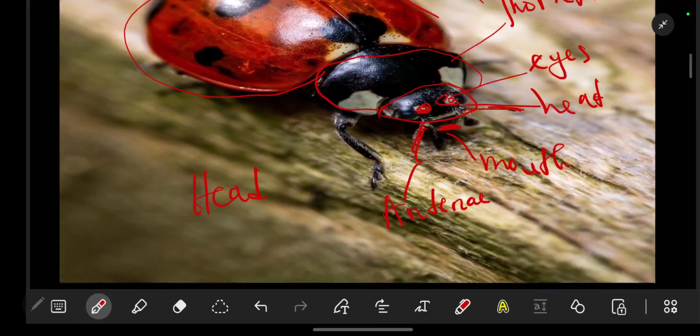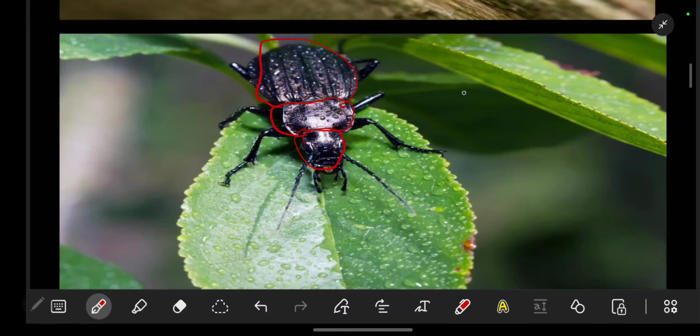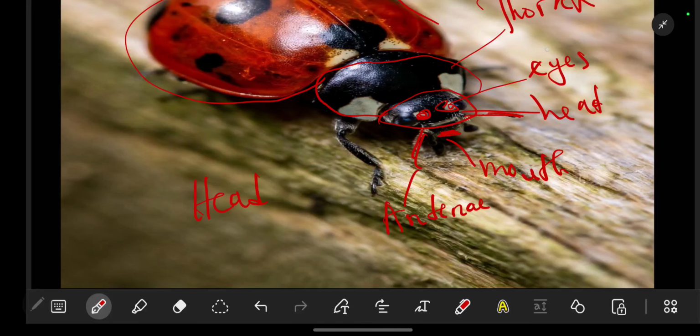Now when we look at the mouth, the structures are different. For example, their mouth parts are modified for, number 1, chewing. When you look at an example, we have the grasshopper, which has a mouth that is used for chewing.